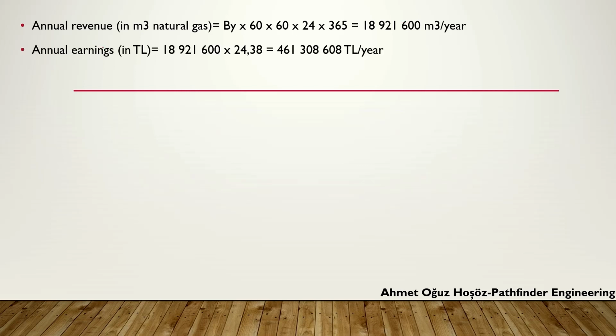Our annual earnings in Turkish liras, if we multiply that value by 24.38, will be 461,388,608 Turkish liras per year. So the system pays for itself in only 16 days. It's a very good system, very budget-friendly for us. So that was our solution. See you in the next lesson.